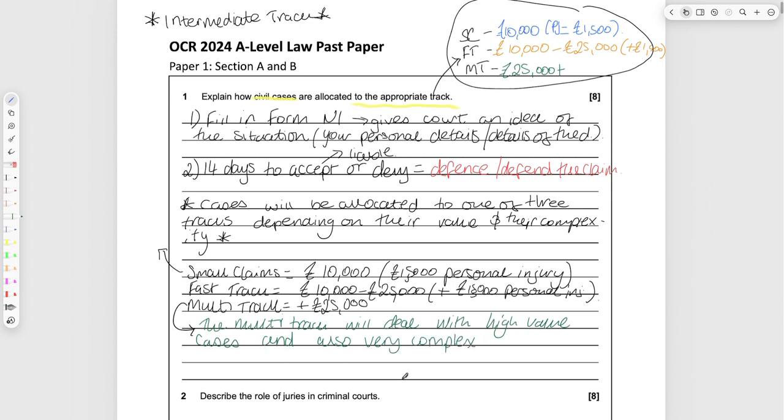You probably put high value and very complex cases, but you get the idea. So that's your basic teaching of civil cases and your allocation to the appropriate track.